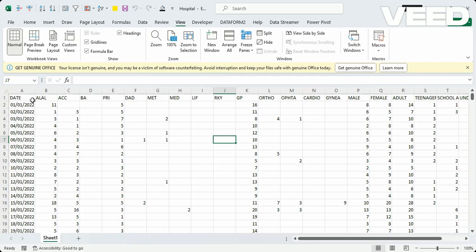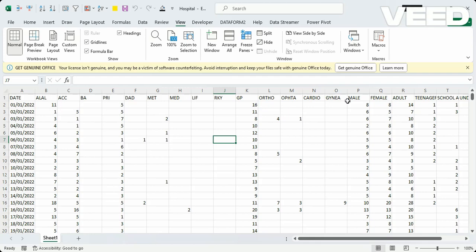Like this alert, what does it represent? This ACC, what does it represent? This BE, what does it represent? This is GP, this is auto, this OPATA, this is cardio, this is gyne. So what do they represent?